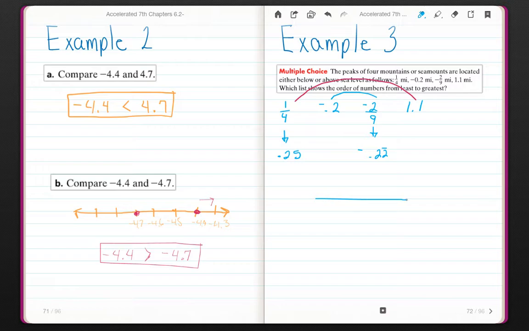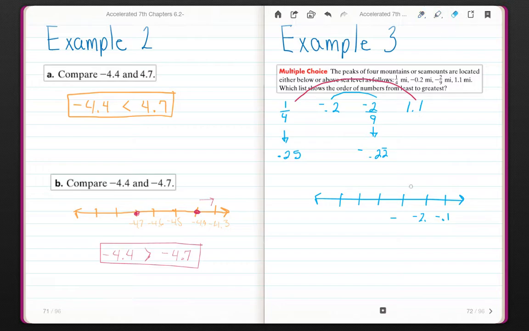I'm going to number line this because I know that in a positive, 0.22 is greater than 0.2, but this is a negative. I'm not entirely sure. So negative 0.1, negative 0.2.